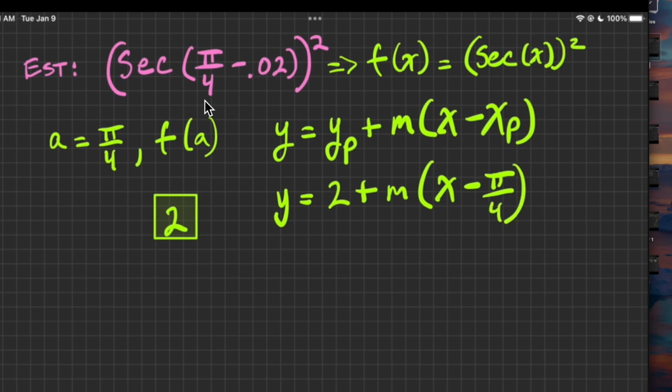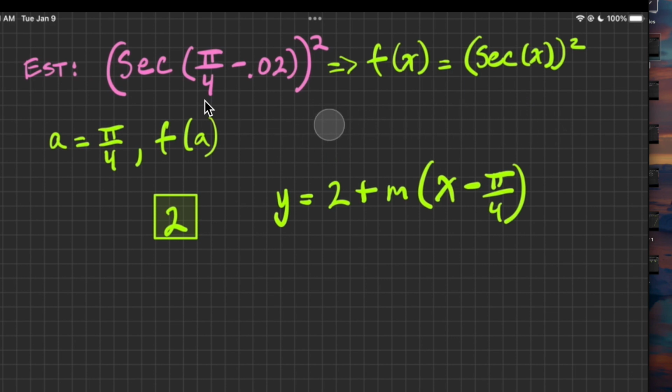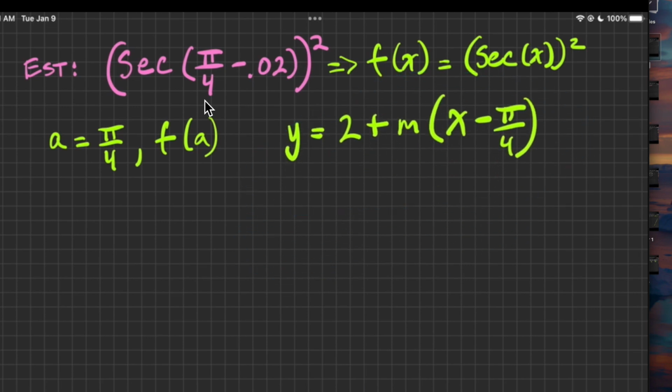Okay, let's now go ahead and proceed and find our m value. To find the m value, we need to take the derivative and plug in our easy a value of pi over 4. So let's take this function here and take its derivative. So f prime of x, let me bring this down here.